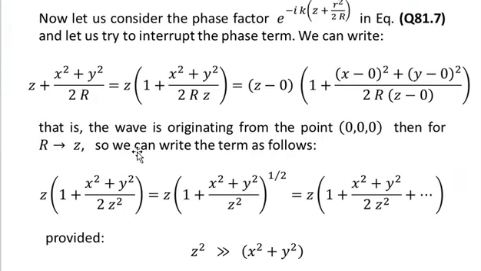It means that the wave is originating from the point 0, 0, 0. That is, the wave is originating from the 3-dimensional origin of the coordinate system, which is 0, 0, 0. Then if you set the value of r to z, we can write the term as follows.